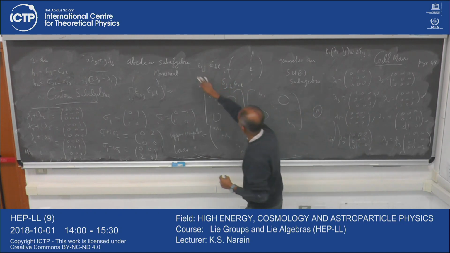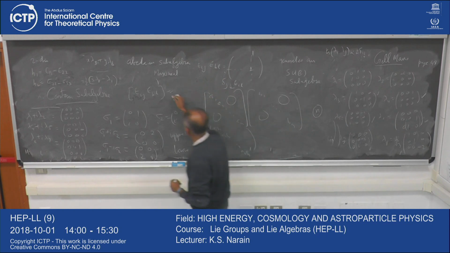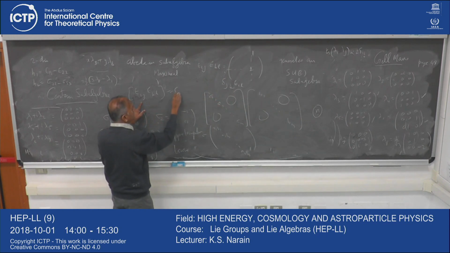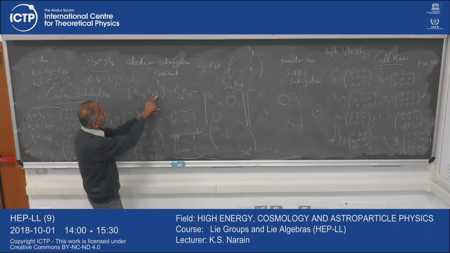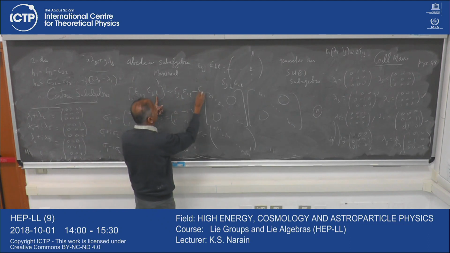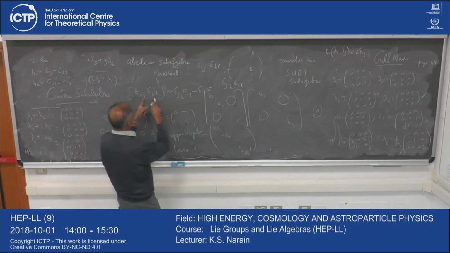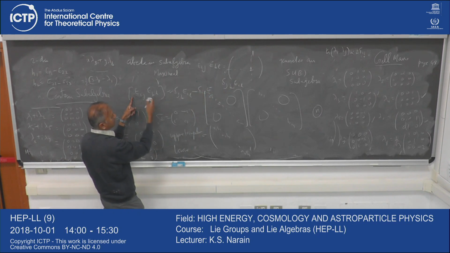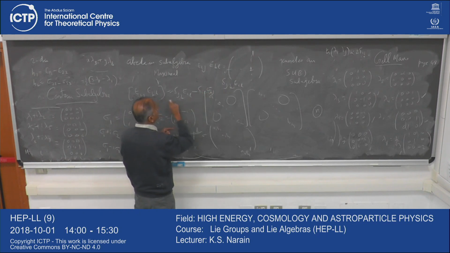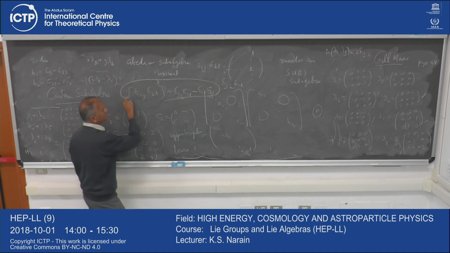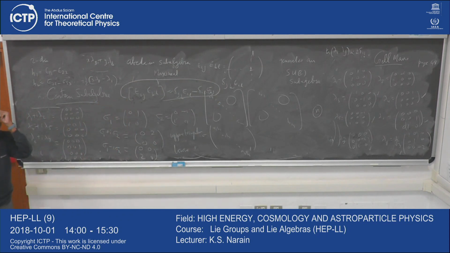Now, if I do it the other way around, one can write it down exactly here: delta jk EIL, minus, now the other way around, delta IL times E, so L, kj, right? Kj. That's a commutation relation.